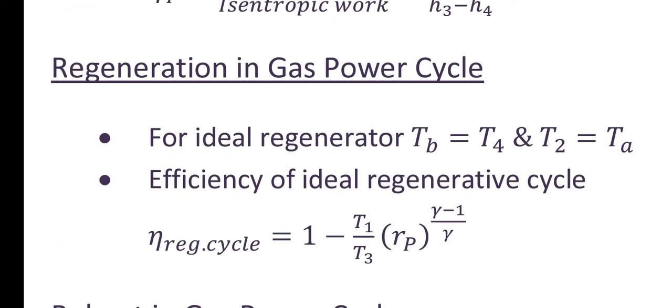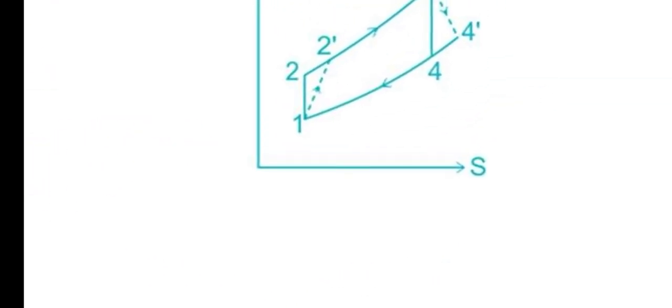Now, to improve the efficiency of the gas power cycle, regeneration is done. Regeneration basically uses a heat exchanger in which the hot flue gases coming out from the turbine at T4 are allowed to pass through the heat exchanger, where they exchange heat with the cold air coming out from point 2.